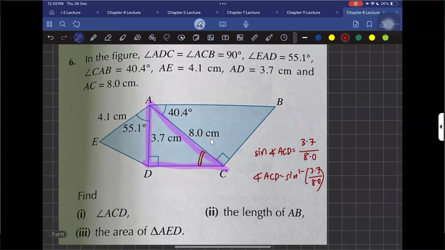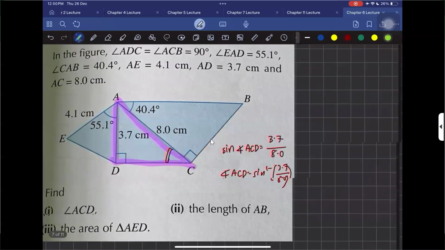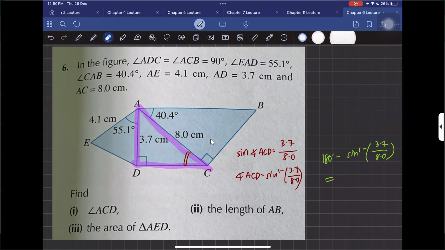A quick question: can your angle ACD be 180 degrees minus sine inverse? Can this be your angle ACD? Because if you take a look, they both give the same value, which is 3.7 over 8.0. So let's calculate.